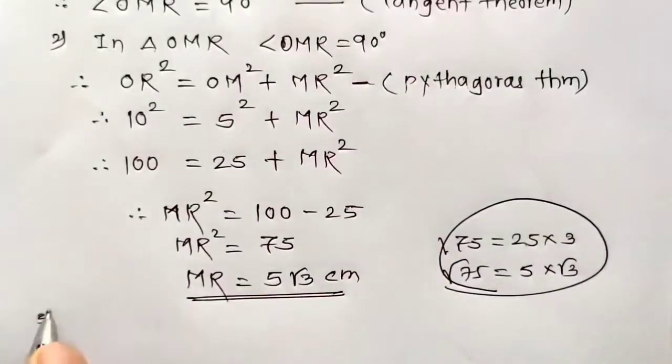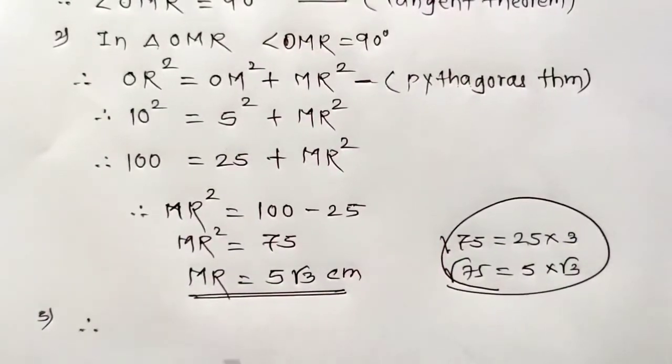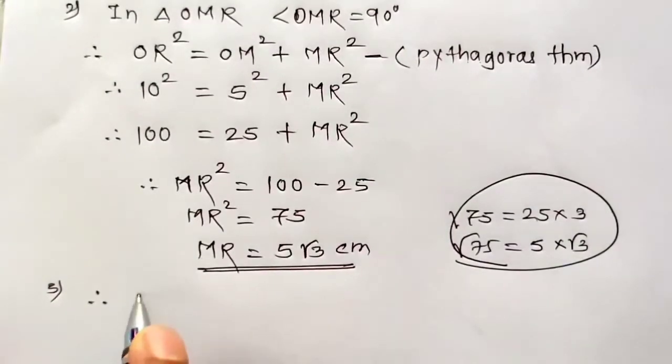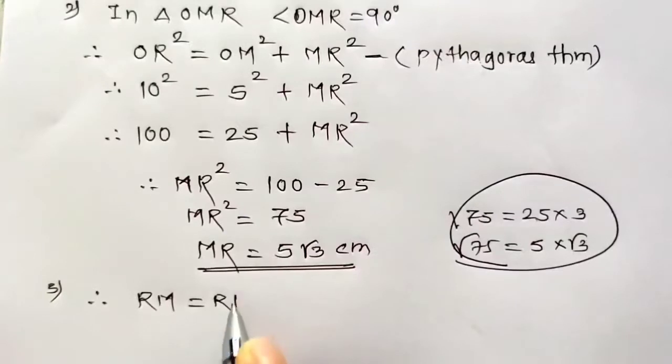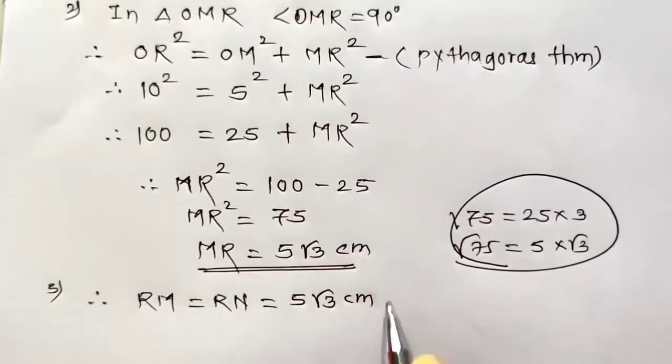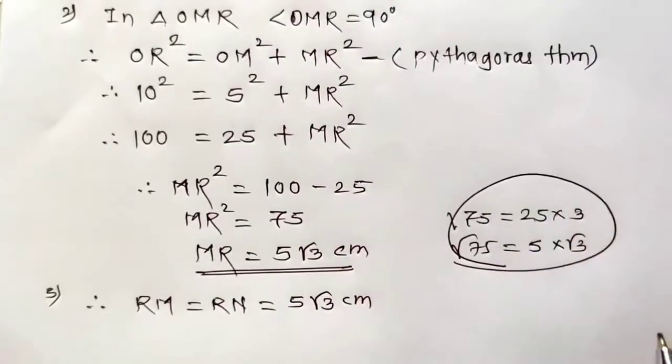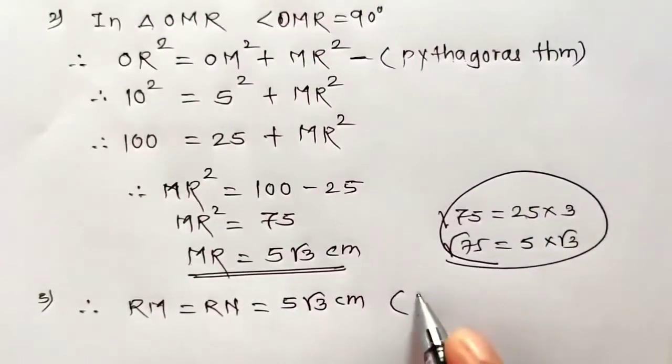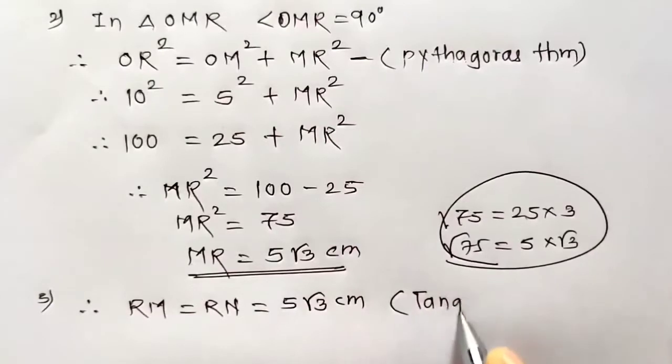Now third point. Therefore RM is equal to RN is equal to 5 root 3 centimeter. Why? Both tangent segments are congruent. Reason here: tangent segment theorem.